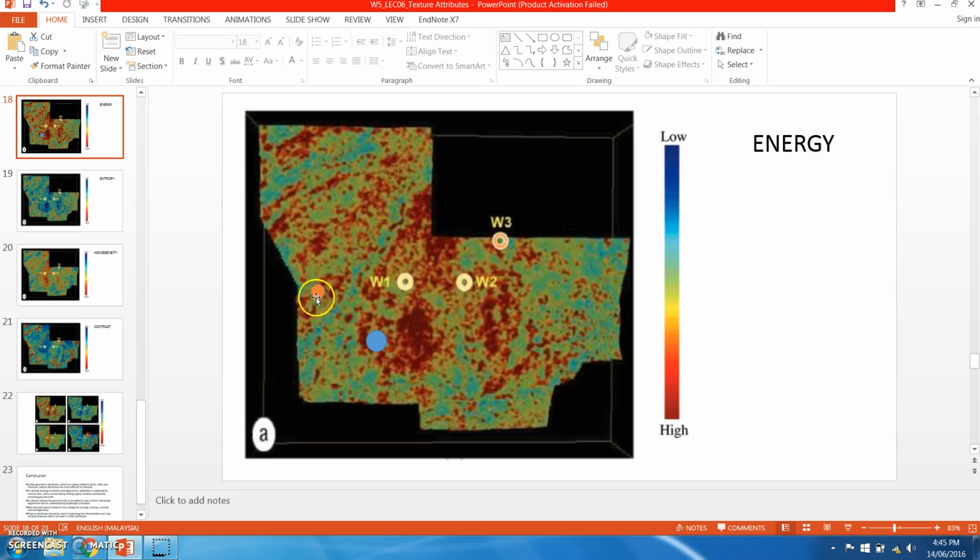If I'm choosing the orange well, it might give a better reservoir sand with quality almost the same as well 3, because it has the same color of energy distribution.